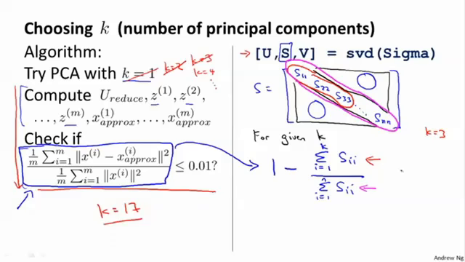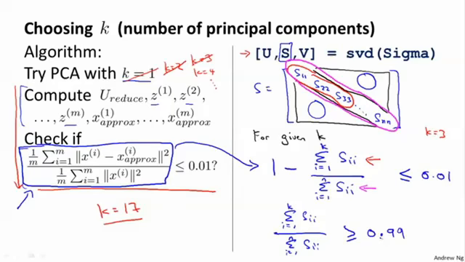And so what we can do is test if this is less than or equal to 0.01, or equivalently, we can test if the sum from i equals 1 through k of Sii divided by the sum from i equals 1 through n of Sii is greater than or equal to 0.99, if you want to make sure that 99% of the variance is retained.